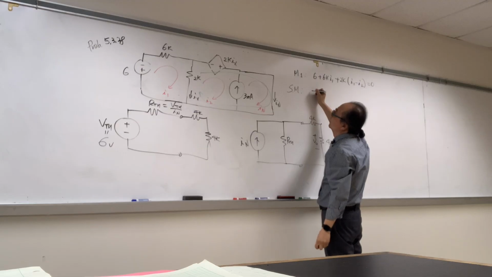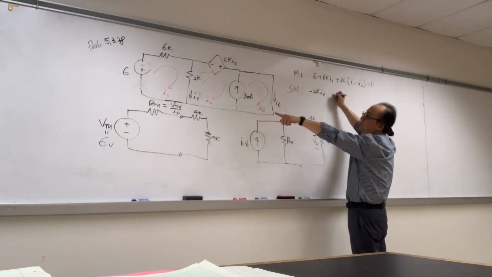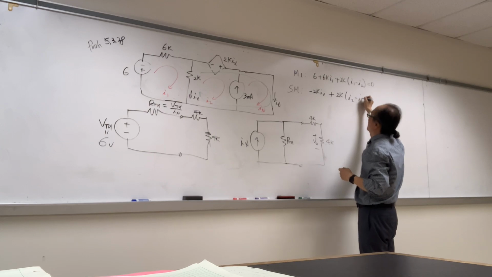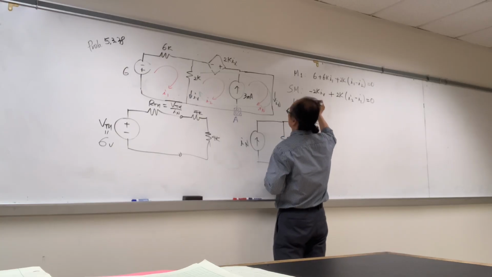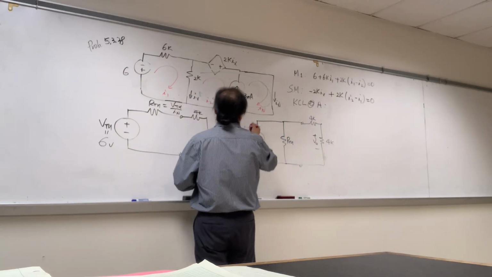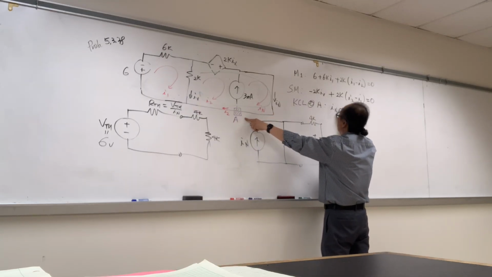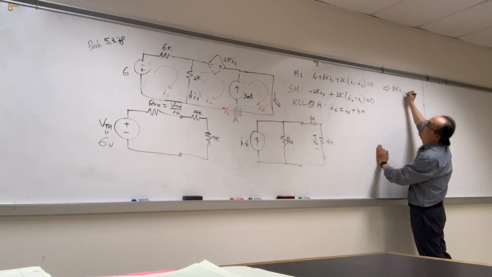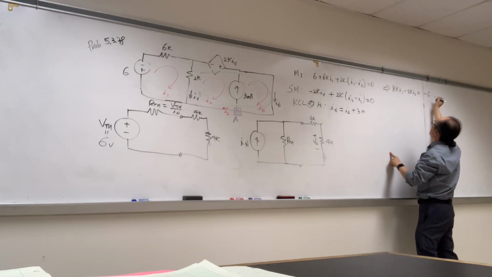Starting from 2K, negative 2K I sub x, and nothing in here, plus 2K times I sub 2 minus I sub 1 equals 0. KCL at A: entering I sub n, leaving I sub 2 plus 3 milli. So let's simplify this. We have 8K I sub 1 minus 2K I sub 2 equals negative 6.